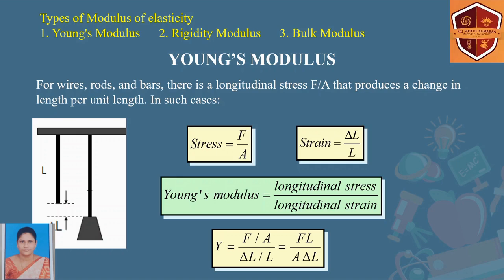In such cases, stress is equal to force per area, and strain is equal to delta L by L. Here, Young's modulus means the ratio of longitudinal stress to longitudinal strain. That is denoted as Y equals force per area by delta L by L, that is F. After rearranging this formula, the final formula is FL by A delta L.